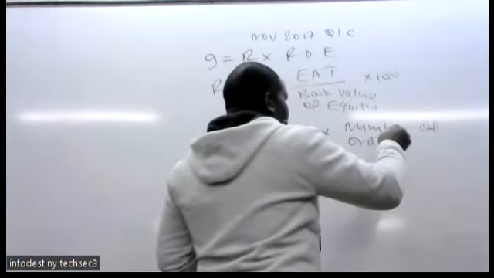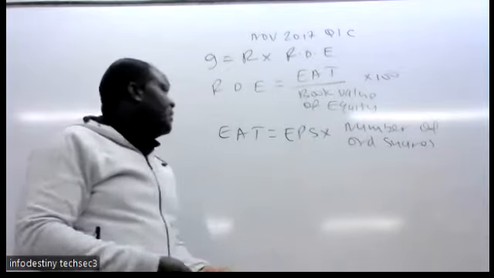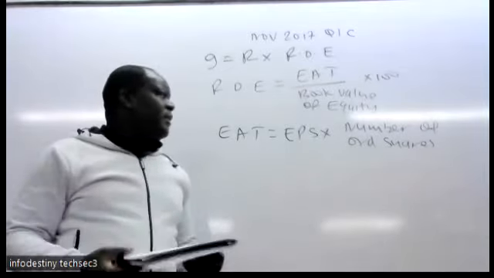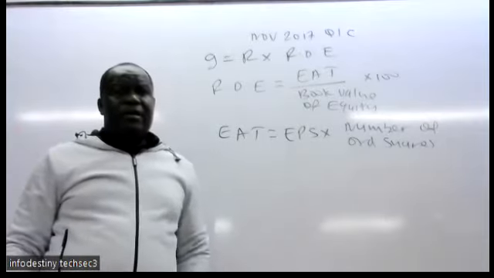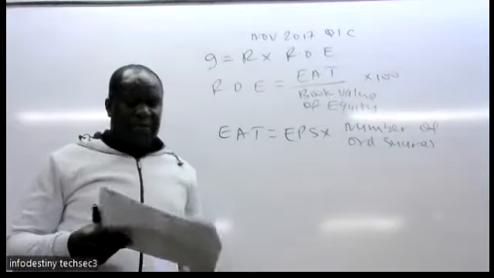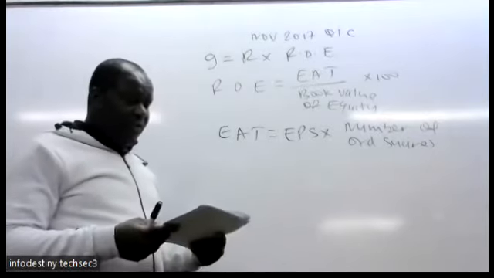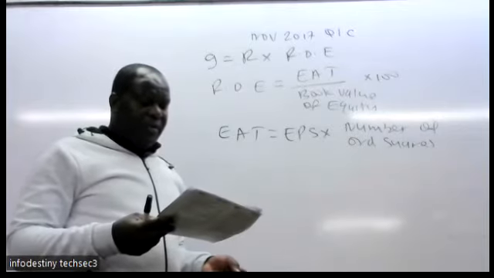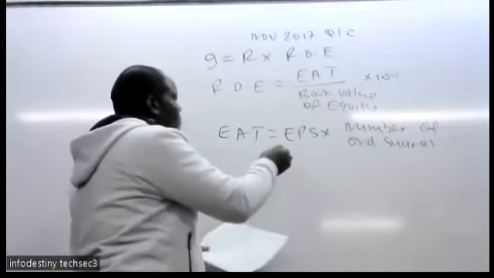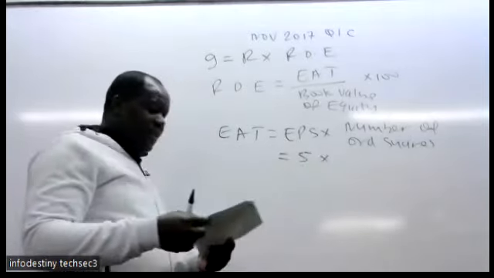When you want to calculate the earnings after tax, you simply take the earnings per share multiplied by the number of ordinary shares. Earnings per share was given to you in note number 1. When you check note 1, earnings per share is given as 5 shillings.